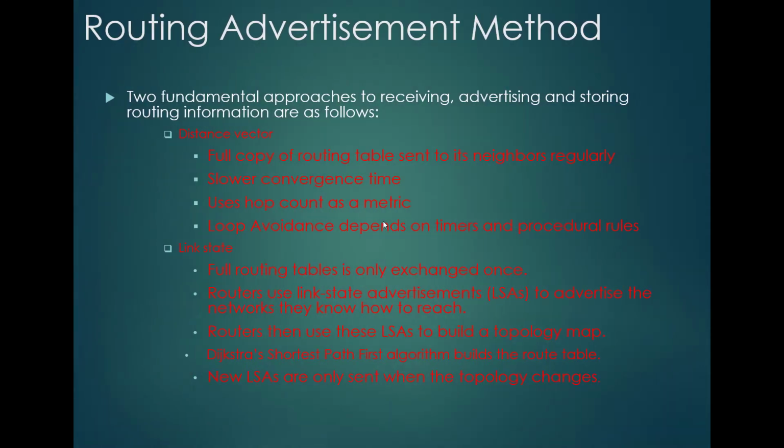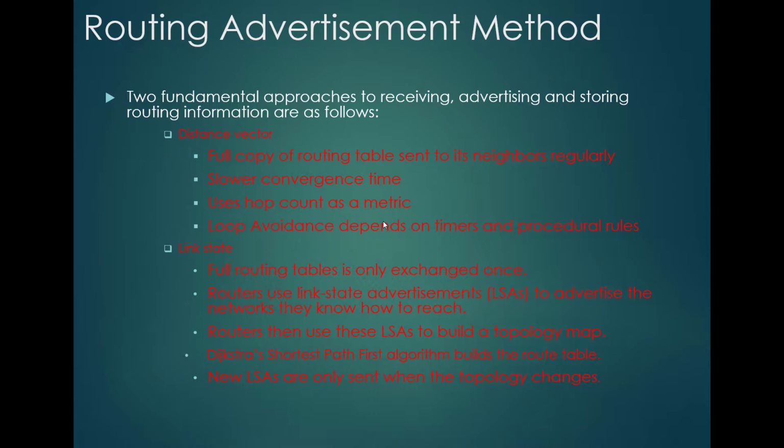So routing advertisement methods. Here are the two ways we can approach this. We can advertise and store the route information as follows. For example, distance vector will provide a full copy of the table sent to its neighbor regularly. So if you don't have a high bandwidth, this can slow your convergence time, because let's say every 30 seconds it updates the whole entire table across your WAN connection.